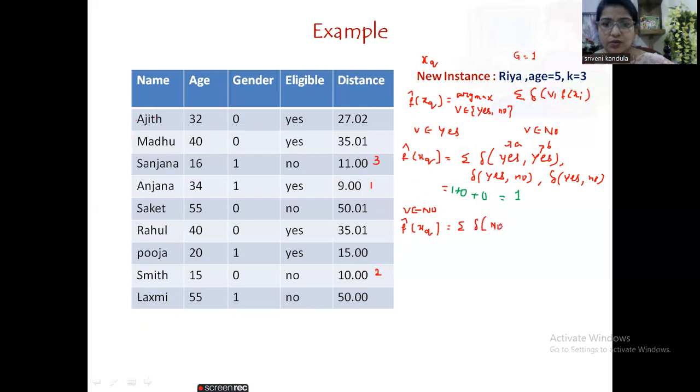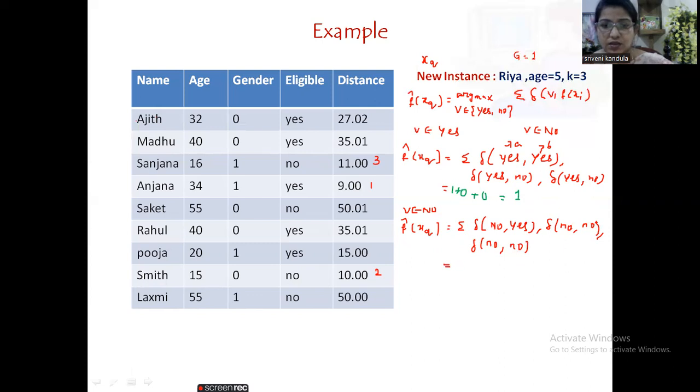Now my V value is no, and F of Xi for the first nearest distance is yes. Similarly, for the second one, V value is no, and the target label for the second nearest distance is no. And for the third one, V value is no, and the target label for the third nearest distance is also no.